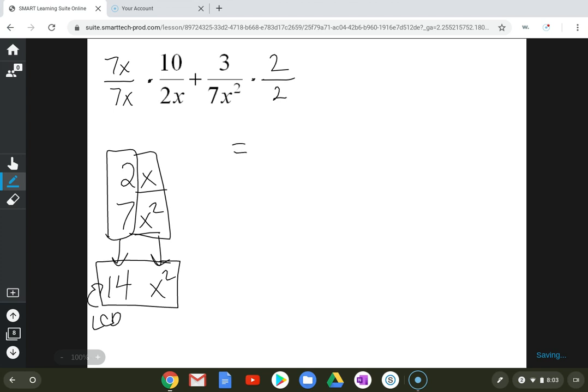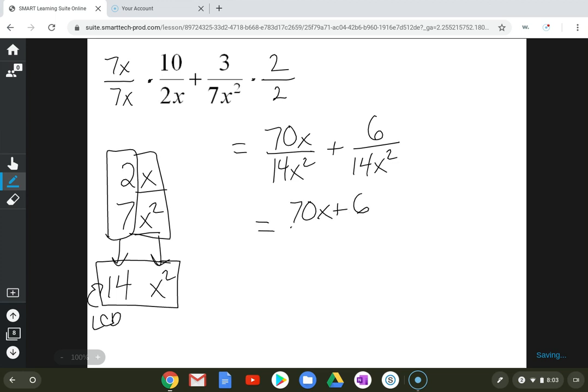So what I end up with on the left, 7x times 10 is 70x over 14x squared, plus 3 times 2 is 6 over 14x squared. So I end up with 70x plus 6 over 14x squared. Always look to see if you can simplify.